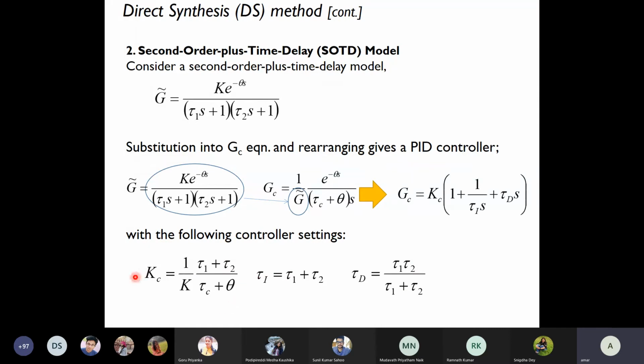The proportional gain is reduced for the second order plus time delay model, because tau c is replaced by tau c plus theta. So this basically gives me the controller equations if I know the process model. Similarly, we can have controller equations for other process models.